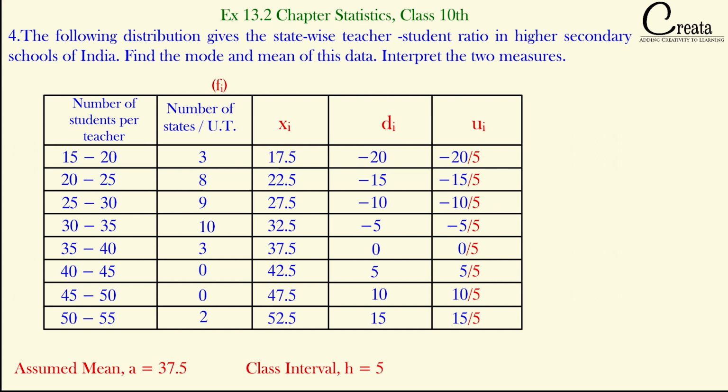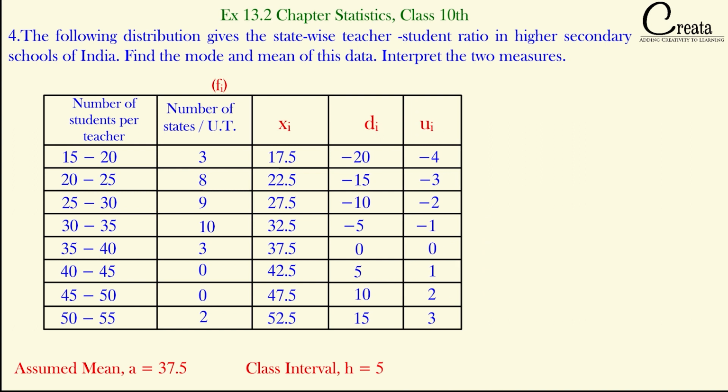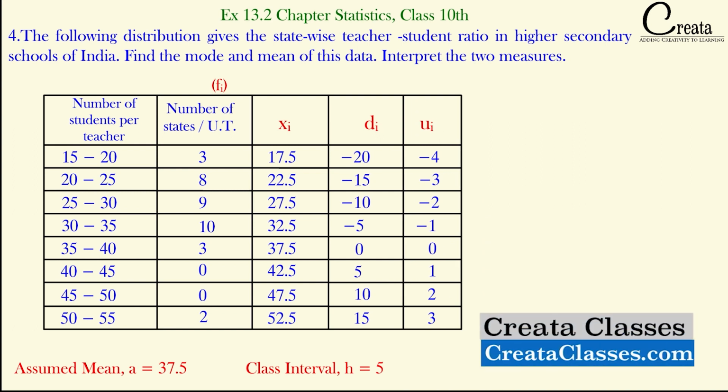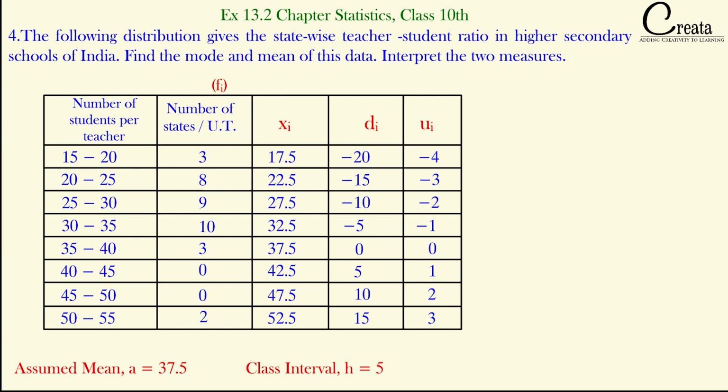In the first row, minus 20 upon 5, we get minus 4. Then minus 3, minus 2, minus 1, 0, 1, 2 and 3. Observe how simple our calculation has become. All these values are very simple. Now our calculation will become very simple.